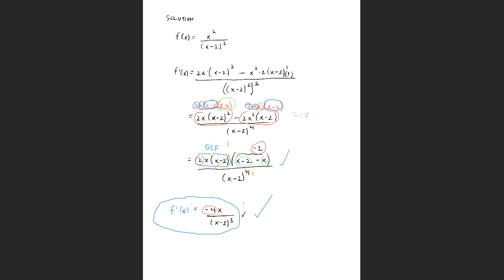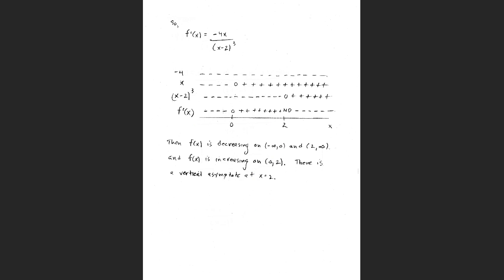Now we're ready to make a chart. And in our problem here, we have 1, 2, 3 components of that first derivative. That's what goes in the chart. Now, when we look at this first derivative, naturally, as I think Joe had mentioned, we want to know where the first derivative equals 0.